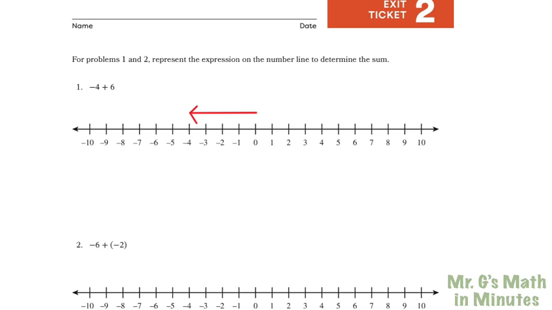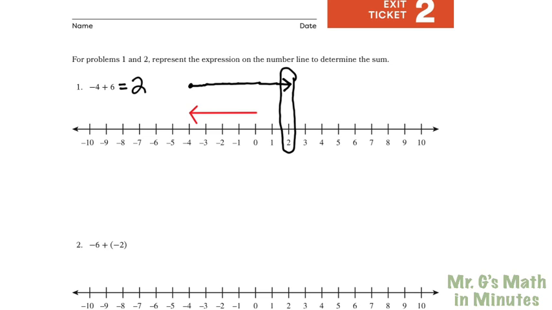We want that line to go from negative 4 and go 6 tick marks. I'm just looking at the tick marks: 1, 2, 3, 4, 5, 6. So I'm stopping right here. That's 6 tick marks. Then I can look at the number. My answer to that problem is a positive 2.